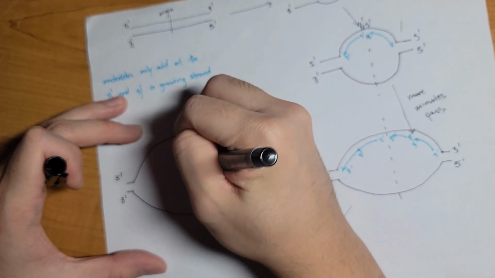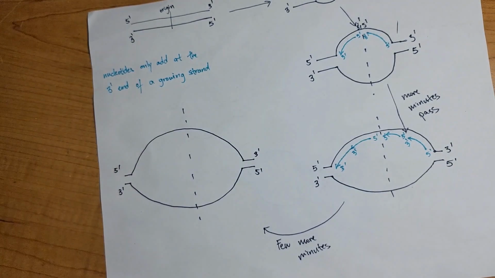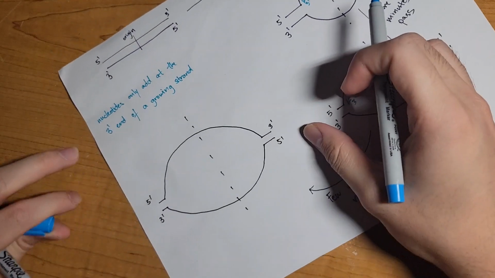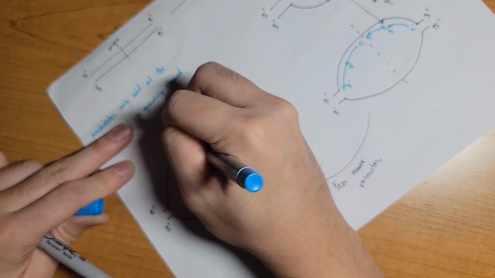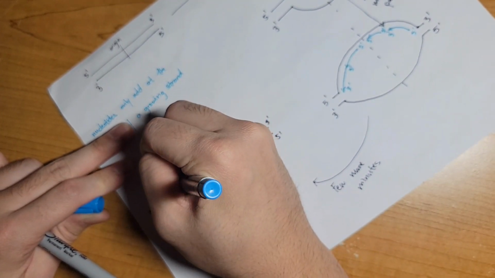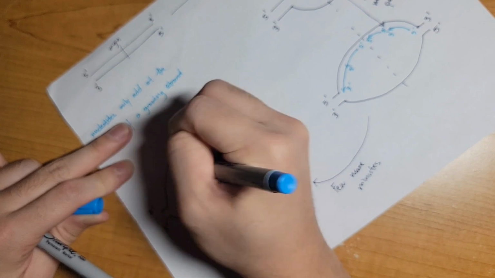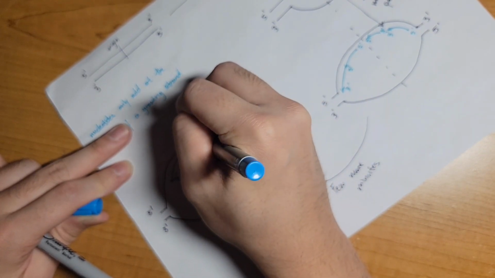We have the replication origin here. Alright, so it just got bigger, so that means I can copy over what we had already. So we already have a 5 prime over here. And so let's say it got bigger, so it's gonna end around here. This one, we already have this one.